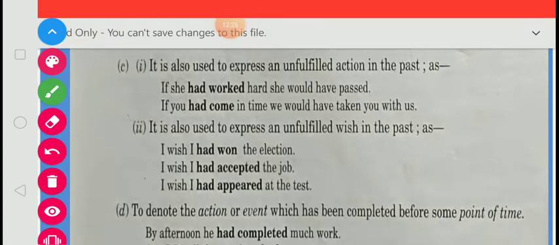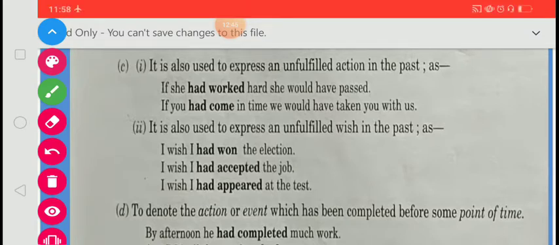The next use: it is also used to express an unfulfilled action in the past. Yes, this tense is also used to express an unfulfilled action in the past which could not be fulfilled.